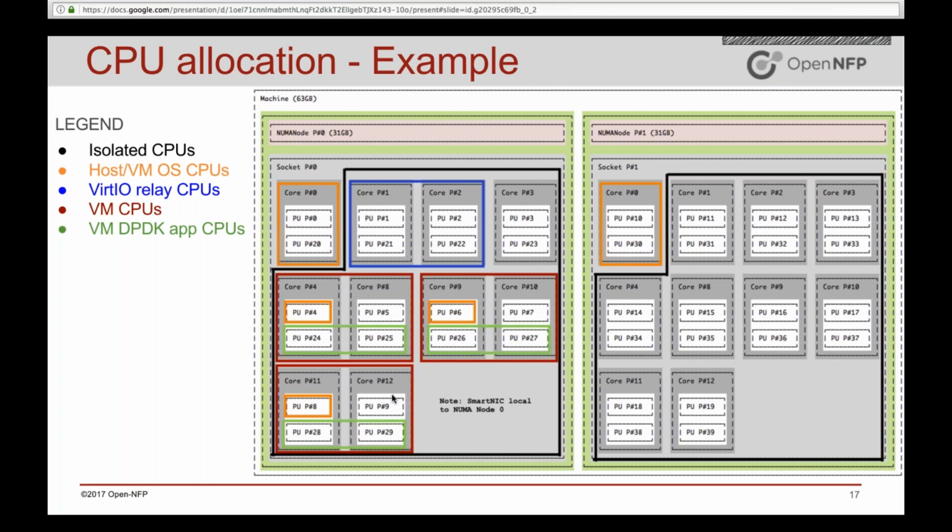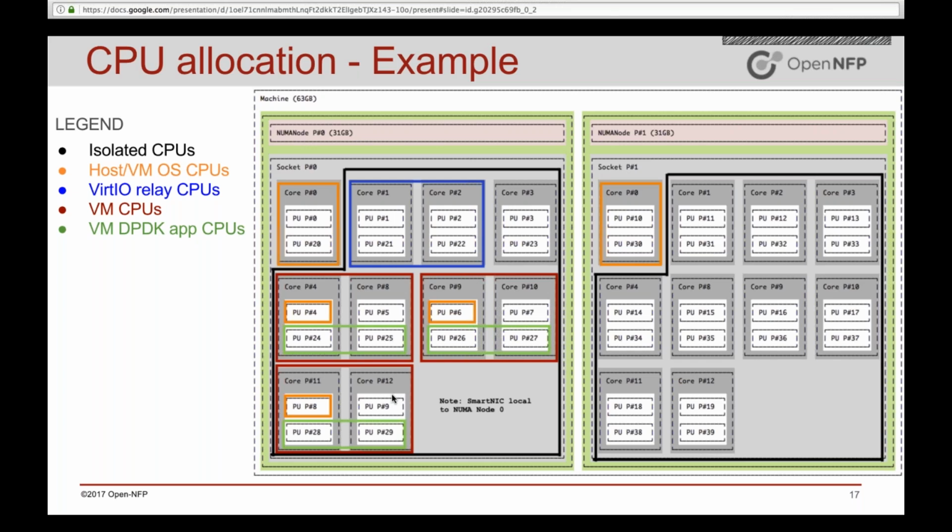In each of the VMs, there's also a green color box which highlights 2 different logical cores that are being used for a DPDK application. Now, in the case that I was creating this was for an L2 forwarding application, but it can be whatever application you would like to use in your testing topology.